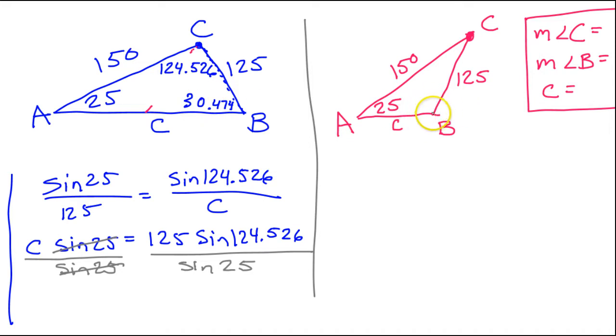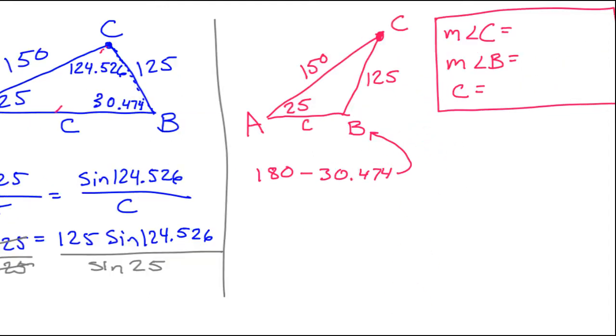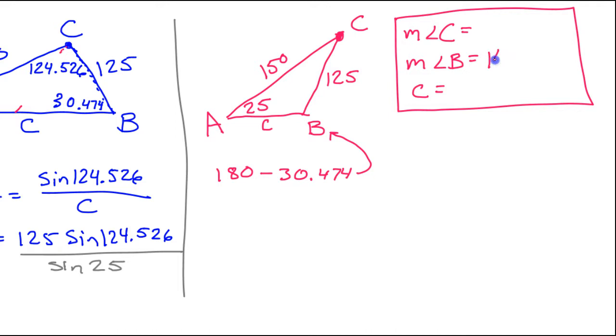So if I want to find the obtuse angle B, I can just do 180 minus acute angle B. And that's going to give me obtuse angle B. Okay, so if I do that, I'm going to get 149.526.